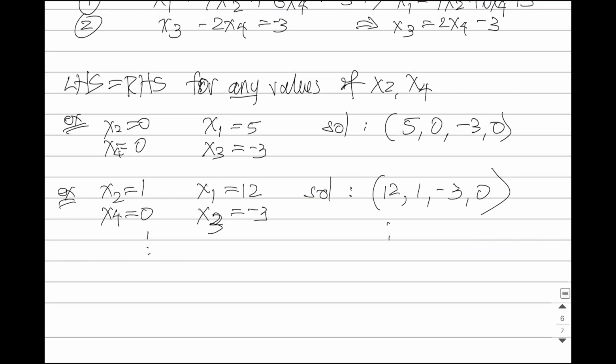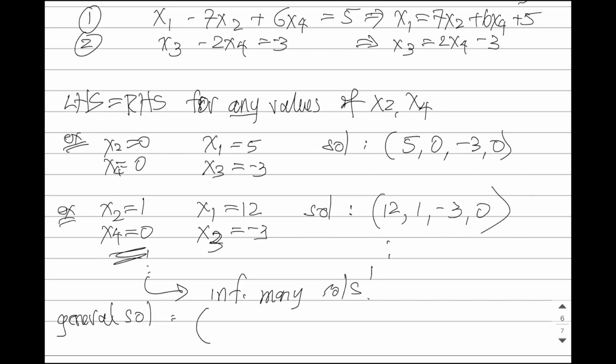I can pick any values I want for x2 and x4. So I'm going to end up having infinitely many solutions to this system. The general solution is a 4-tuple of numbers. x1 is 7x2 minus 6x4 plus 5, then x2, then x3 is 2x4 minus 3, and then x4 is free.